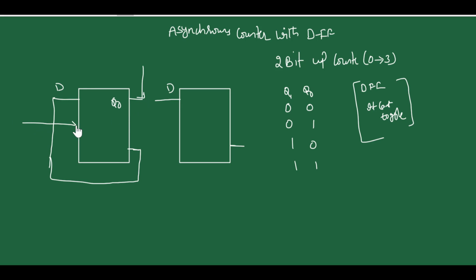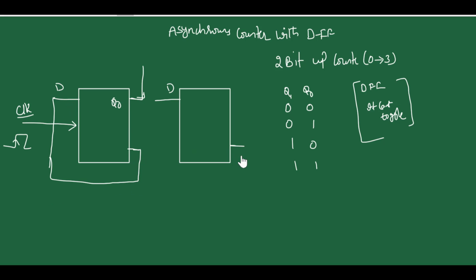I'm going to apply the clock to the first flip flop since it's asynchronous. This is a positive going transition. Whenever the clock makes the transition, whenever Q0 is 0, the 1 from Q0 bar goes to D and 1 comes to Q0. Whenever this is 1, Q0 bar will be 0, and again the 0 goes to D and 0 comes to Q0, and Q0 bar becomes 1. So as long as the clock is applied to the first flip flop, Q0 toggles between 0 and 1 because Q0 bar is connected as an input to D.